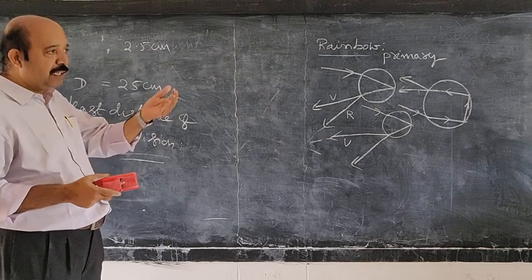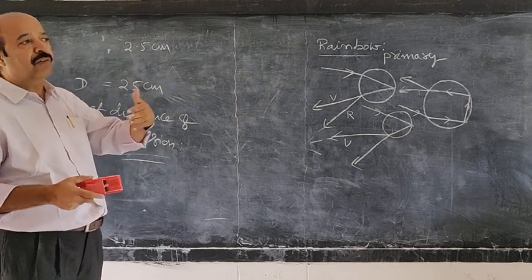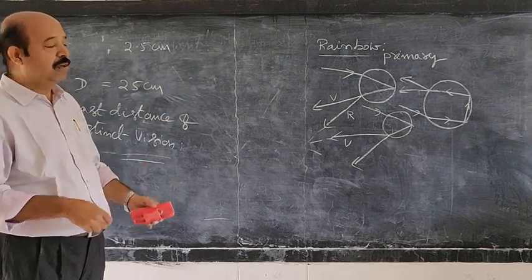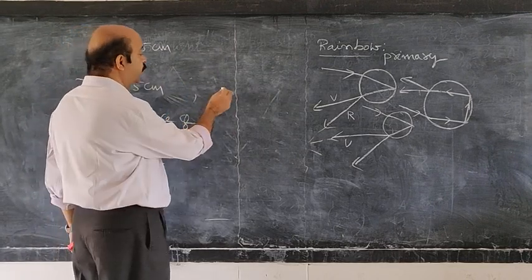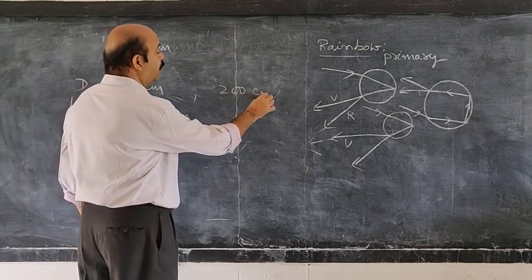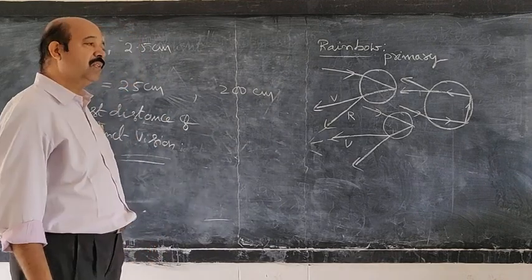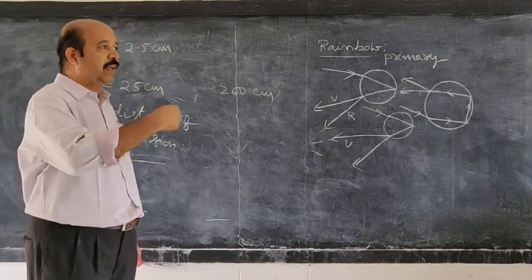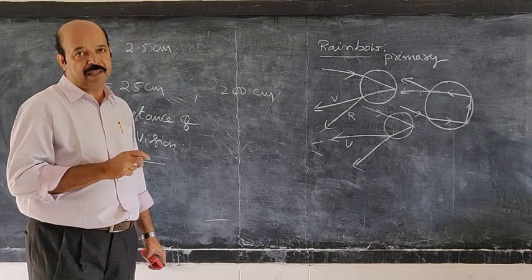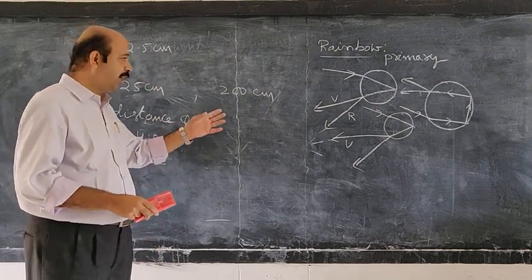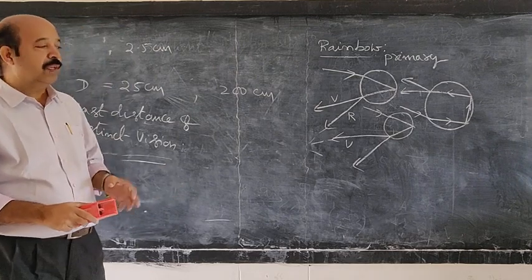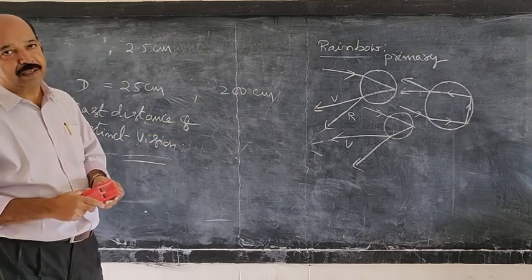Hence, they cannot see nearer objects, they can see only distant objects. Their least distance of vision may change even up to 200 centimeters or so. Therefore, they require a converging lens, a convex lens, for such vision. Such a defect is called presbyopia. To correct it, convex lenses are used.